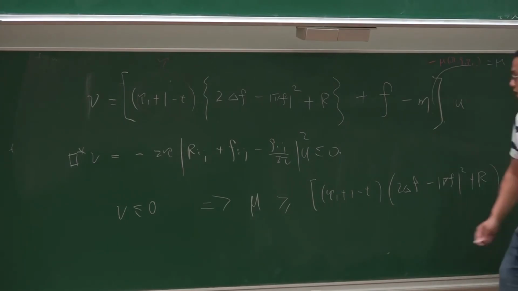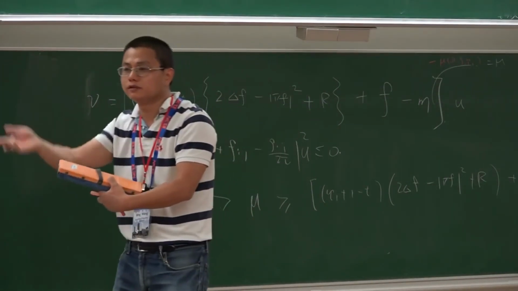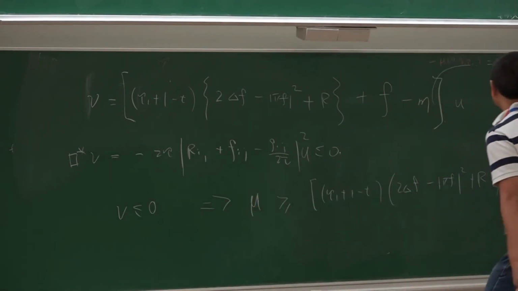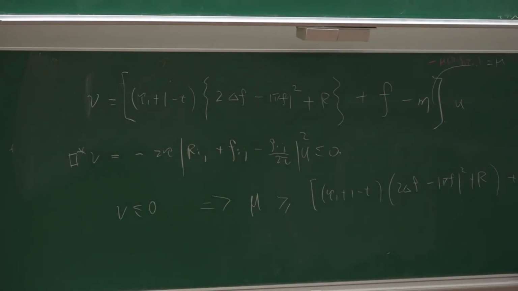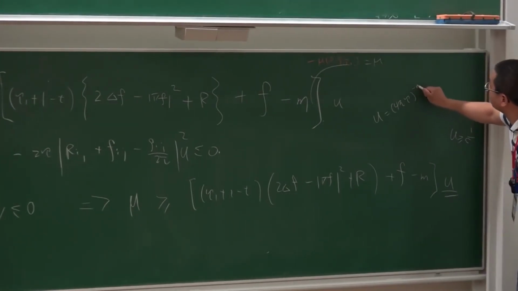Okay, so now it's good. Because around x0, you have a bounded geometry. You can move the time a little bit further. So you have all the high curvature derivative bound. You have u bounded from below. Okay, and what is f? u equals (4πτ)^(-n/2) e^(-f).